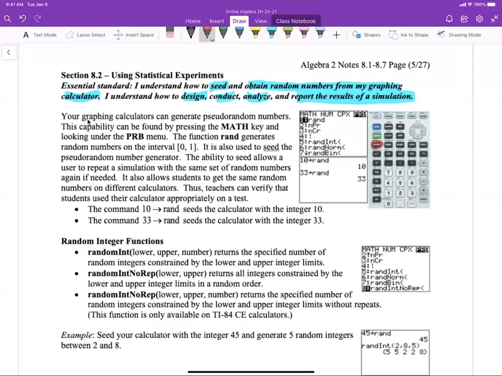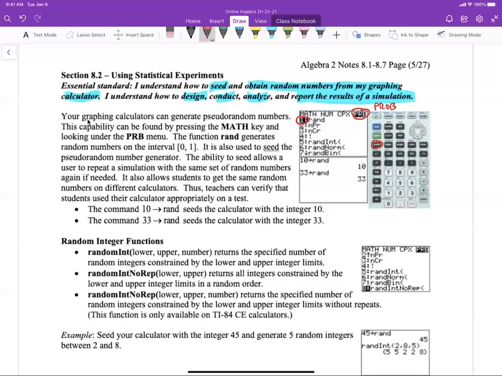And once I have hit the math key, I'm going to see this window right here, and you would cursor over to this PRB. On my calculator, it is PROB for probability. And you will go over there and then you can see that I have this option RAND.